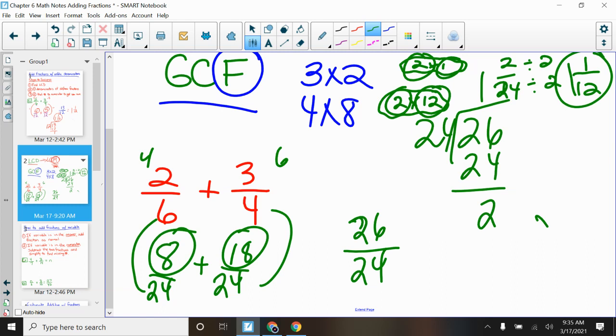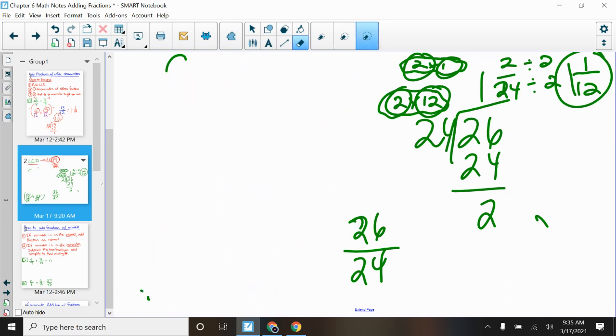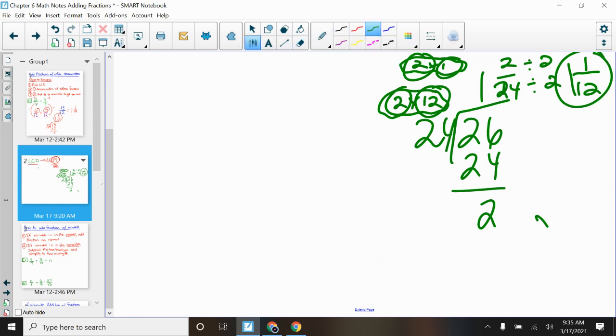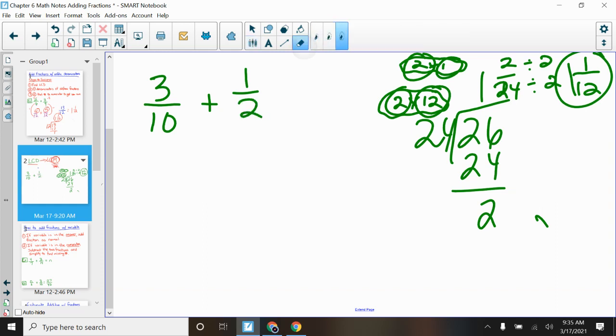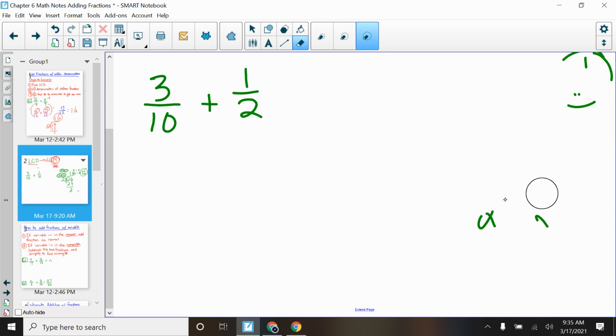So let's try one more example, and that example is going to be, let me grab it from my book. You all write this in your notes. Let's do this example, okay? All right, so I want you to try 3/10 plus 1/2. Okay, work to figure that answer out.